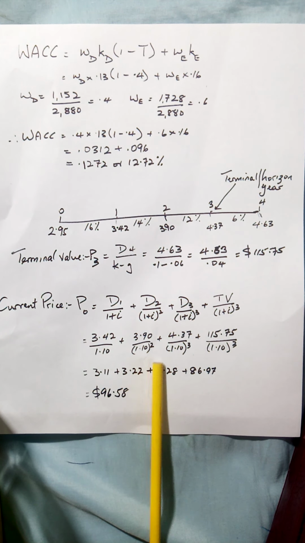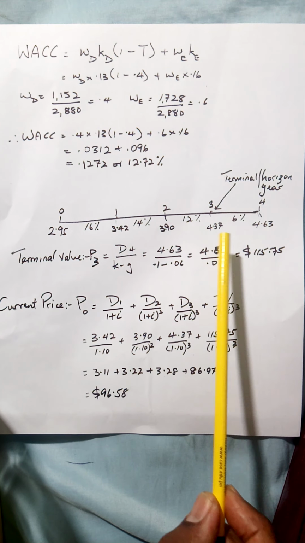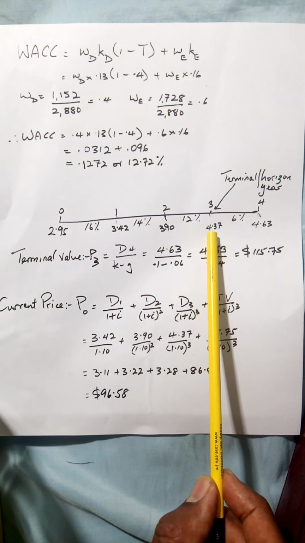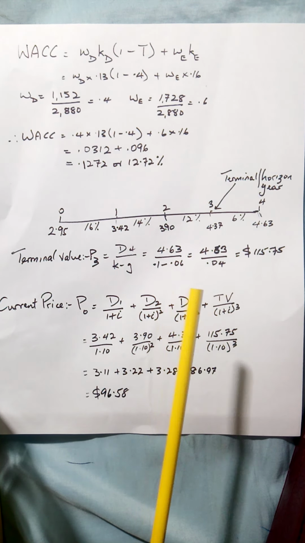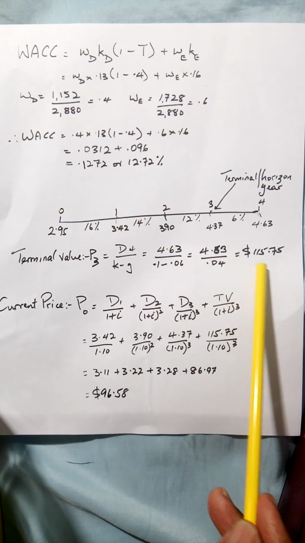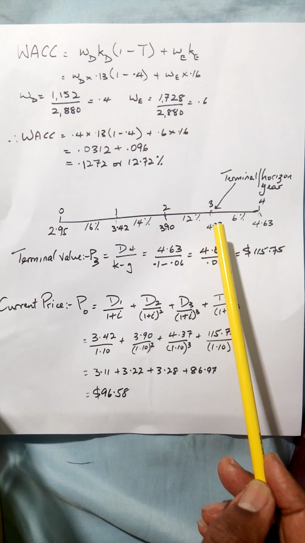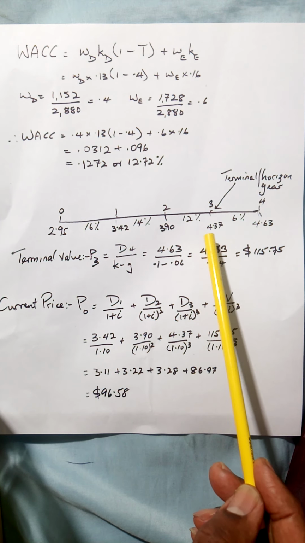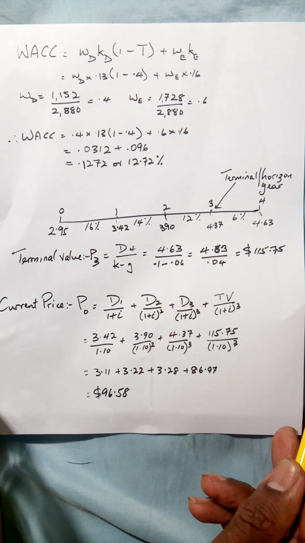I left it there, here, but it also belongs here. But we didn't want it to be too crowded. Besides, we did a similar problem the other day, and you can look back at that. But this 115.75, the terminal value, belongs to year 3 as well, because it captures the value of all cash flows after year 3.